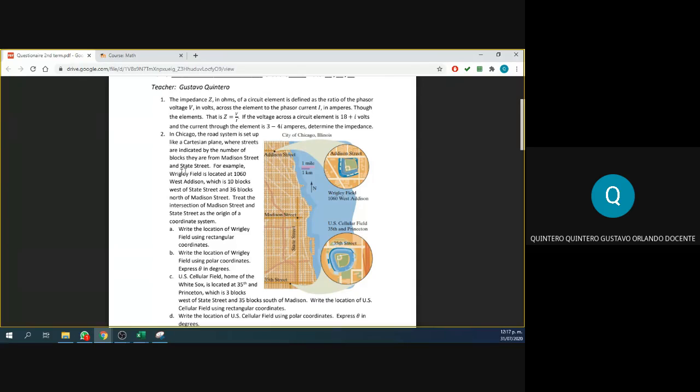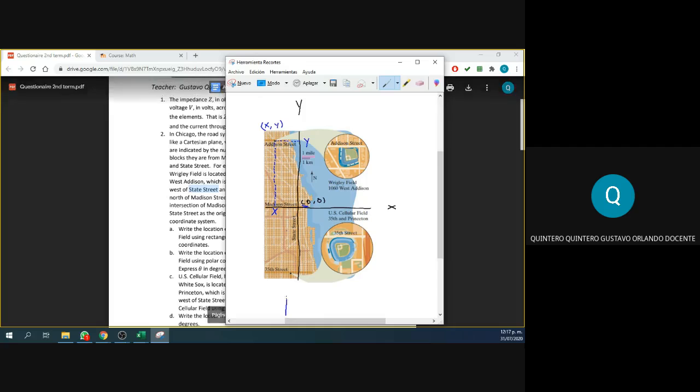Again, we need to find the location of Wrigley Field. And the information in the question says that Wrigley Field is located at 10 blocks west of State Street. State Street is this one, right? So if I move 10 blocks west, remember west is in that direction.